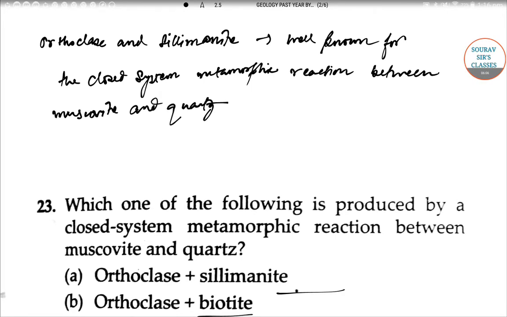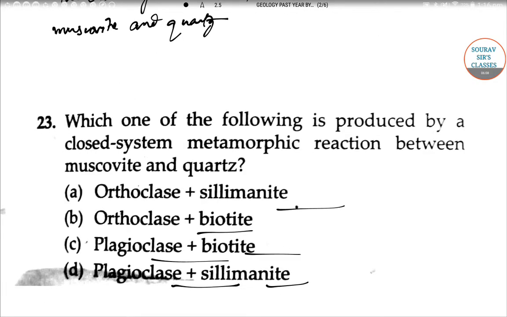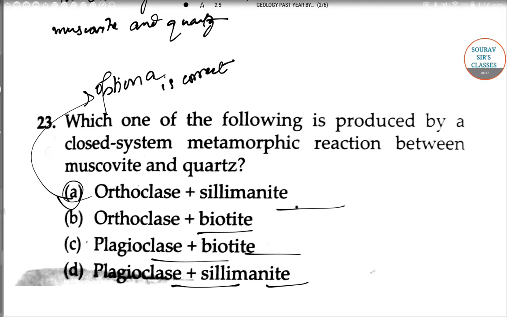So the correct option to this question will be option A, that is orthoclase plus sillimanite. So you can write that option A is correct. Let's move to the next question.